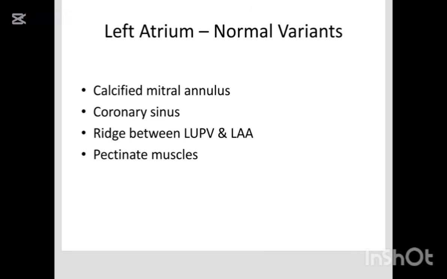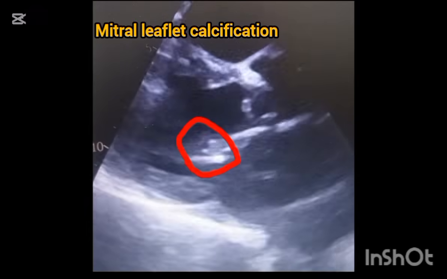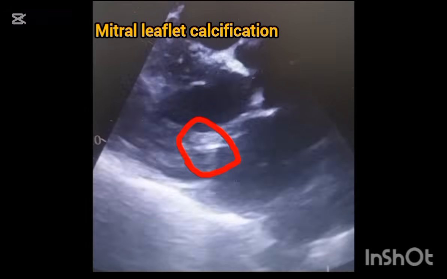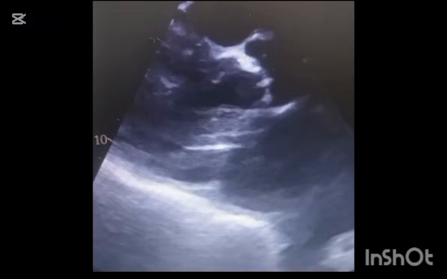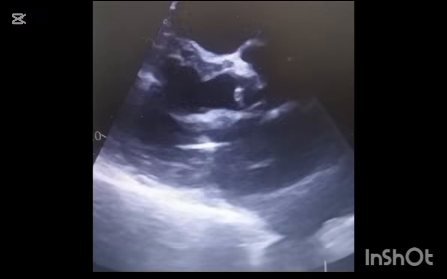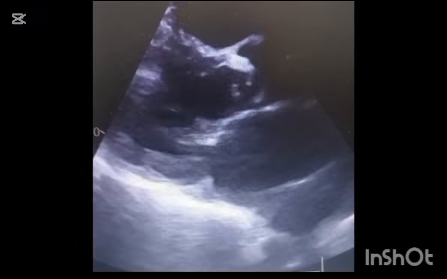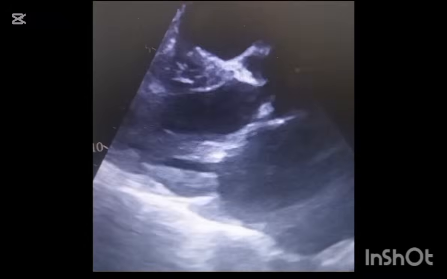Now, in the left atrium, normal variants are calcified mitral annulus, coronary sinus, the ridge between the left upper pulmonic vein and left atrial appendage, and the pectinate muscles. One of them is the calcified mitral annulus, which you will see as a shining area at the mitral valve posterior leaflet. This calcification is a degenerative process in the patient.